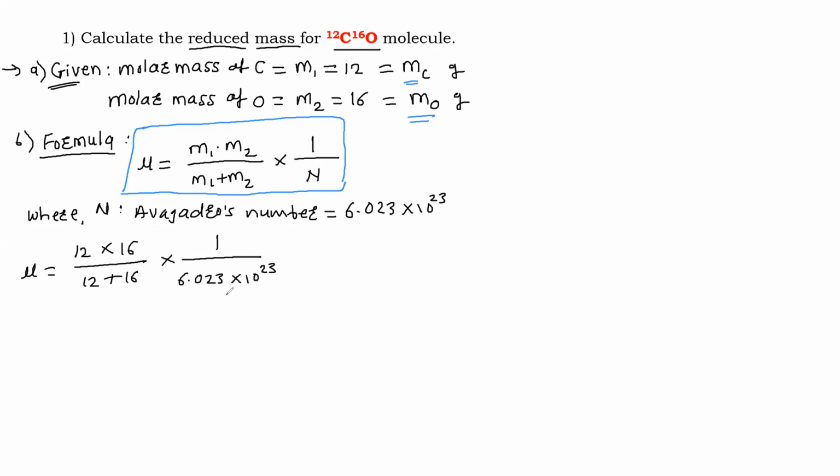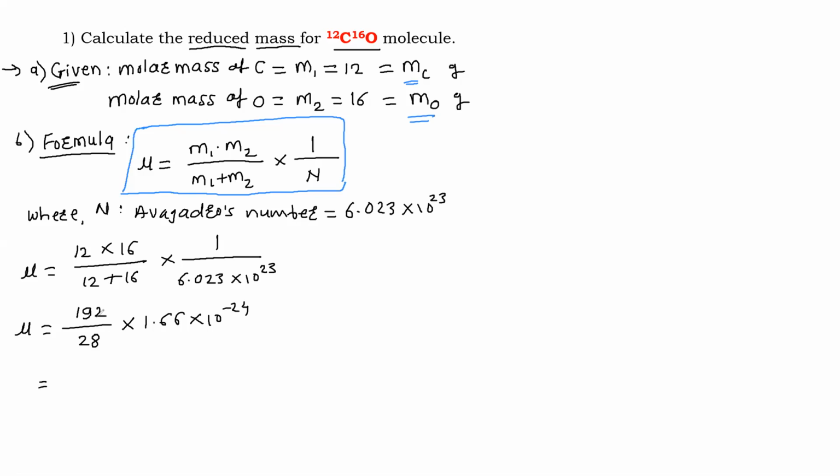If you are using a scientific calculator, then you will get the answer directly in one step. If not, then just go step by step. So 12 into 16 is 192. 12 plus 16 is 28. Solving 1 divided by this term, you will get 1.66 into 10 raised to minus 24.